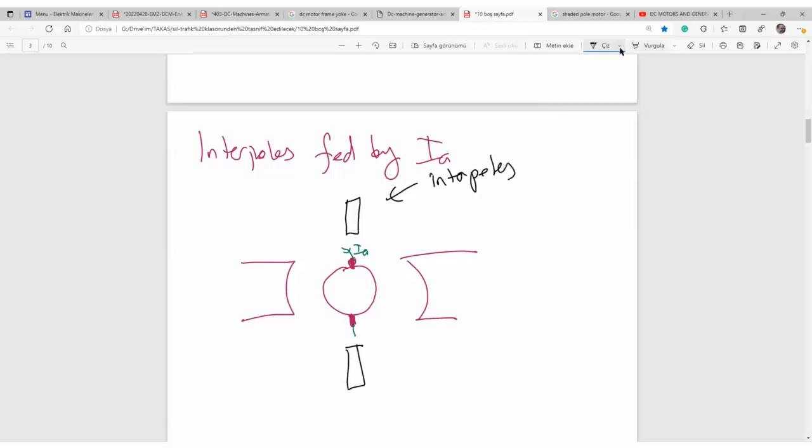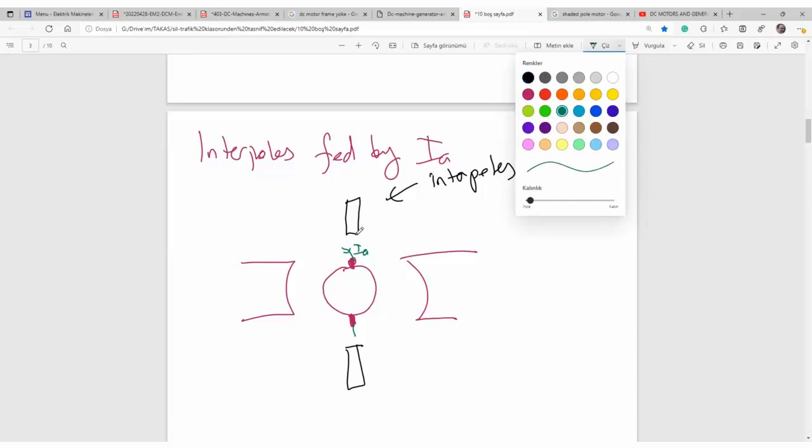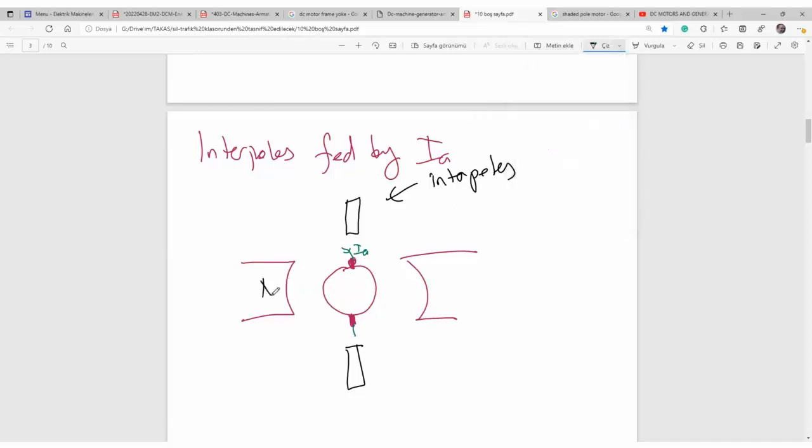So, take care, interpoles. Let me show the real situation. Here is an ananas ball. Assume that is a generator, operated as a generator.